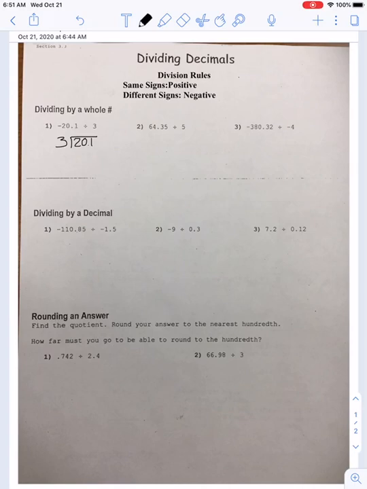3 can't go into 2. I like to put an X there to show that nothing goes in that place value. 3 can go into 20 how many times? 3 can go into 20 6 times. That gives us 18.